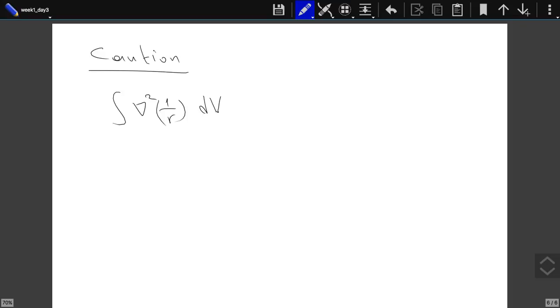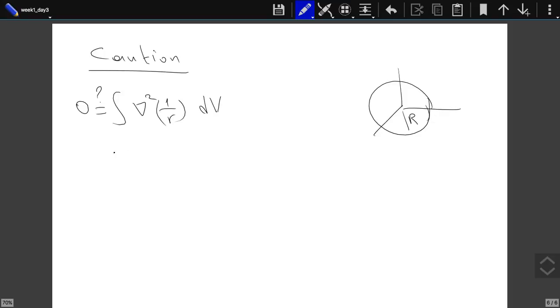Right? Let us integrate it over the sphere of, let's say, radius large R. If we just put 0 over there, then it is 0, and we are done.